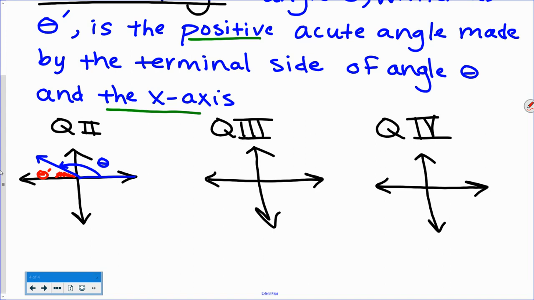So if I was calculating this, let's do an example. So let's say theta is 155 degrees. And I want to figure out what is theta prime.